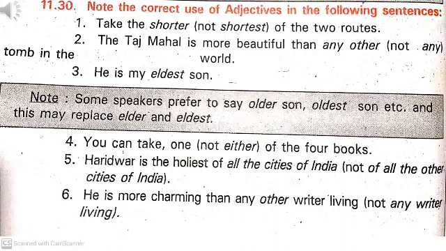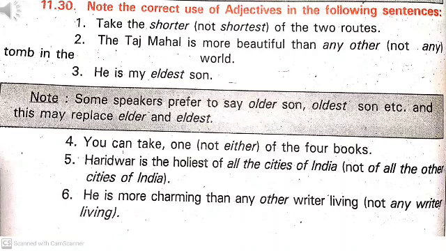Now some examples of the correct use of adjectives. First is, take the shorter of the two routes. This is right. In this sentence, the shorter is right. And if you write the shortest, that is wrong, because we are comparing only two here. Next is, the Taj Mahal is more beautiful than any other tomb in the world.